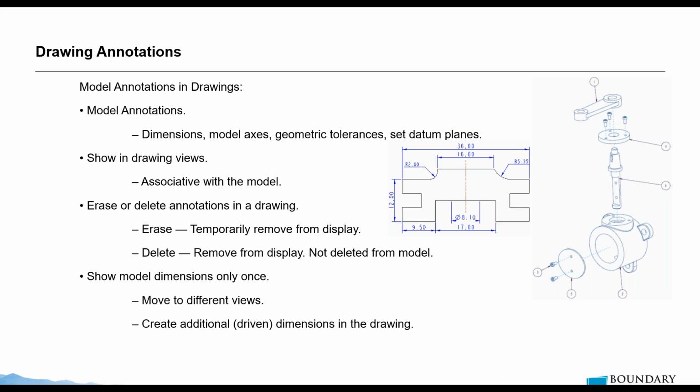And then show model dimensions. So if you pull dimensions through from the model, you can move them to different views. So if I set up my templates, what I'll normally do is I'll have my front view, and I will throw all my dimensions on that one view. Okay, so as soon as I start, that view is a mess.